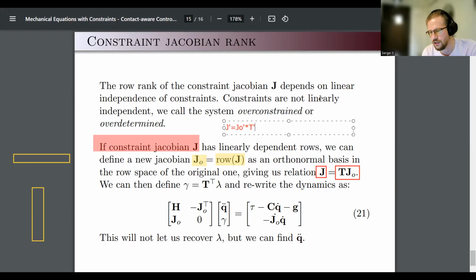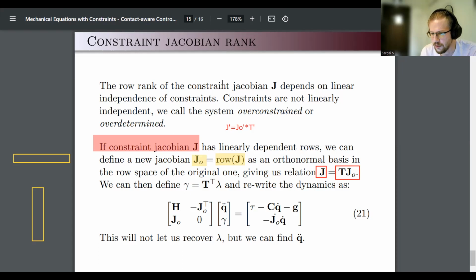And what you see here is that each column of T transposed is just the coordinates in this orthonormal basis J_O transposed, which is how we usually think of basis. We multiply it by coordinates and we get a vector. And that's how we get the columns of J transposed. So this is a typical way of representing those things, right? Okay. All right. So this is it.